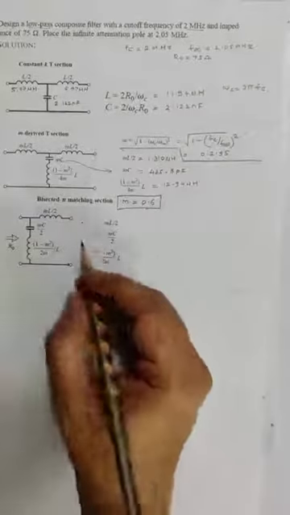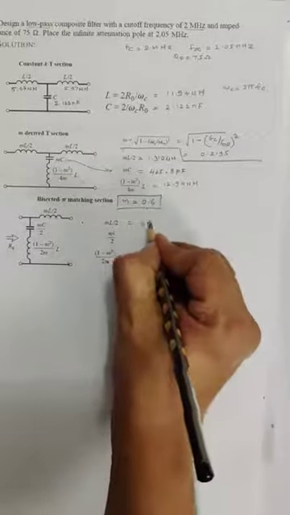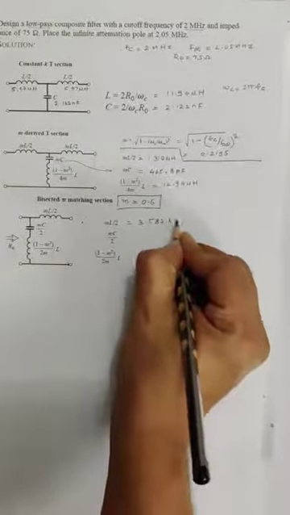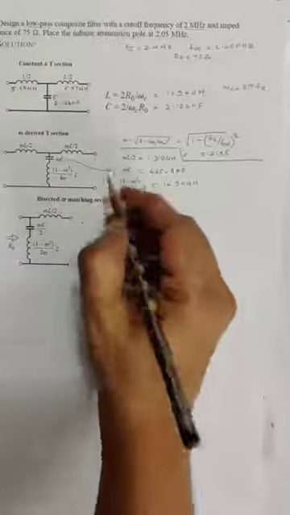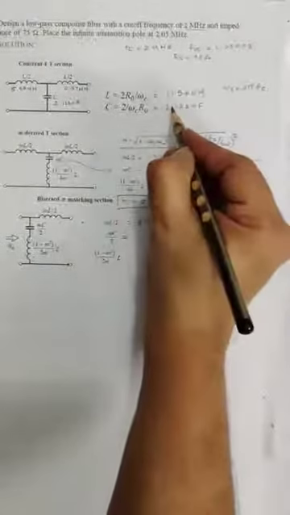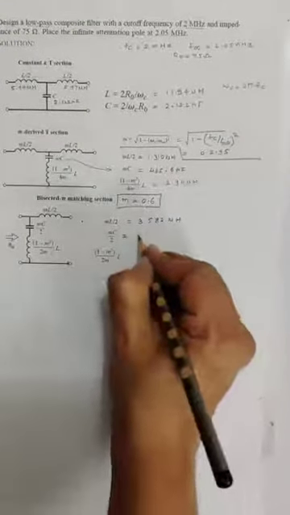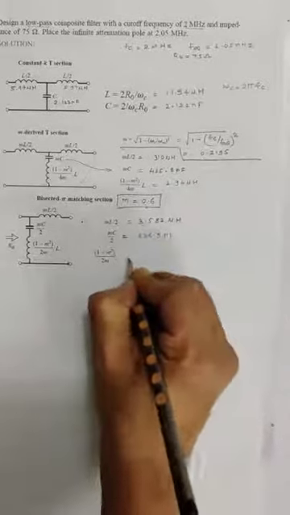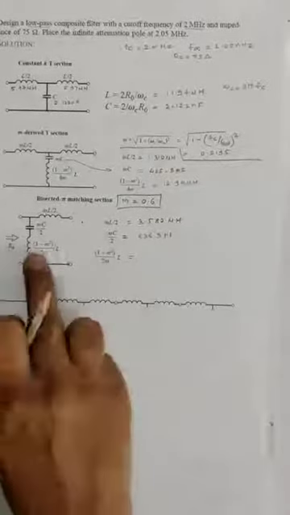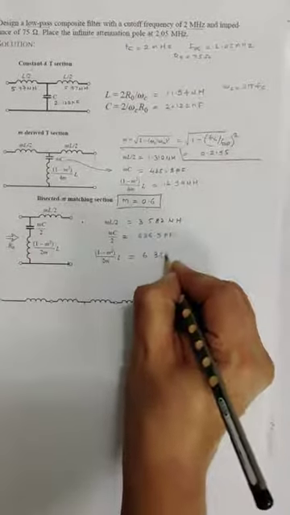So m L by 2 turns out to be 3.582 microhenry, while m C by 2, after substituting C equal to 2.122 nanofarad and m as 0.6, is 636.5 picofarad, and this component value turns out to be 6.368 microhenry.